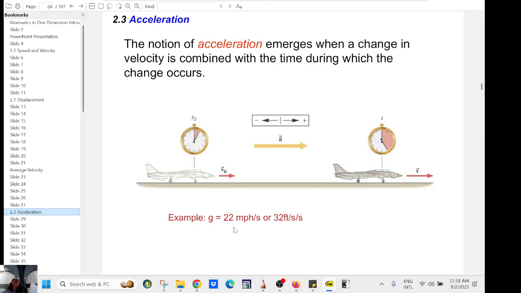After 3 seconds of falling, how fast is it going? 66. So an acceleration is going to tell you how fast the speed is changing when you are falling, for example. So that will make sense to you because you are used to miles per hour or 32 feet per second. Or in the metric system, it's going to be about 10 meters per second.